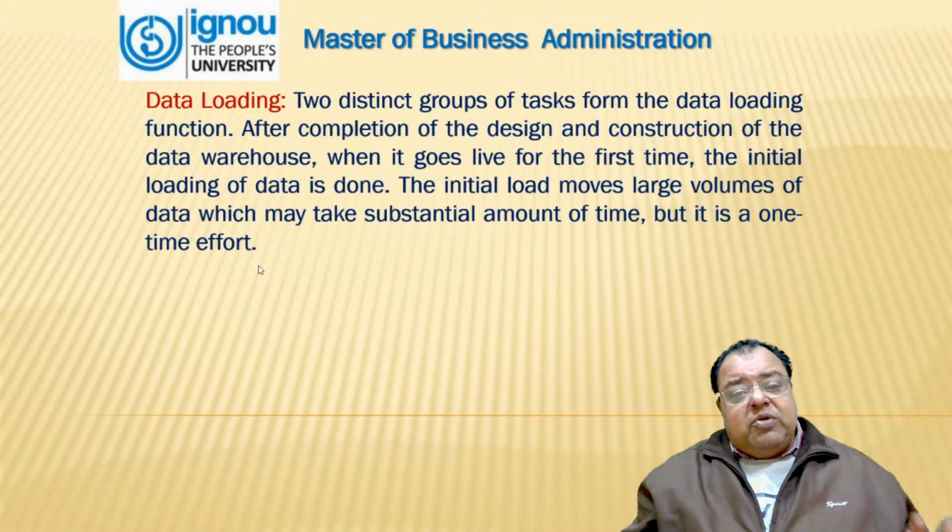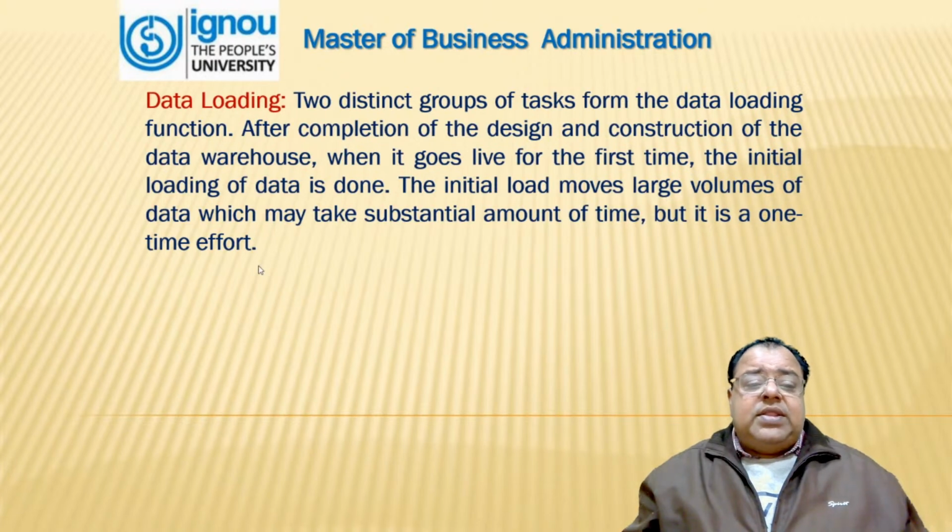Data loading: there are two distinct groups of tasks in the data loading function. After completion of the design and construction of the data warehouse, when it goes live for the first time, the initial loading is done. The initial load moves large volumes of data, which may take a substantial amount of time, but it is a one-time effort.